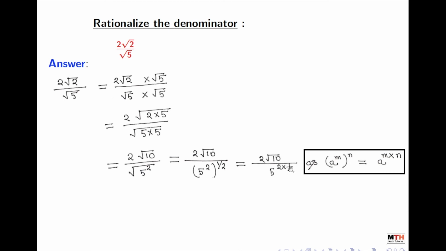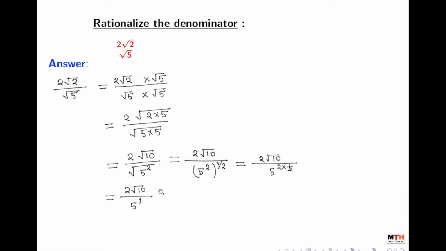Here 2 gets cancelled and we get 5 power 1 in the denominator, and again the numerator remains same, that is 2 root 10. So here we will get 2 root 10 by 5.